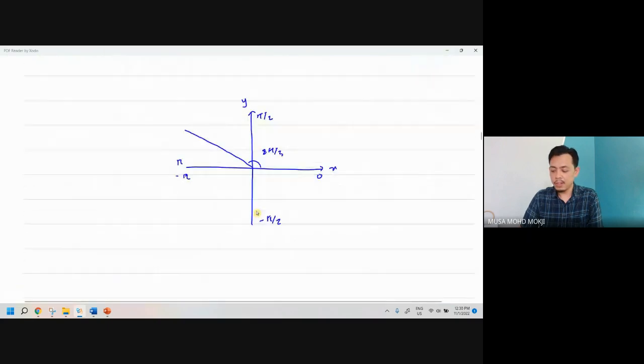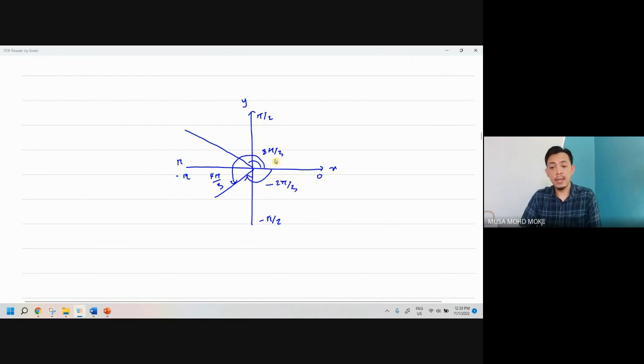So 4 pi over 3 is, if you divide this region, these two quadrants, 1, 2, 3. So this is another 1, 2, 3. So actually, this is 4 pi over 3. Okay, this one. And 4 pi over 3 is actually, if we do it from here, just minus 2 pi over 3.